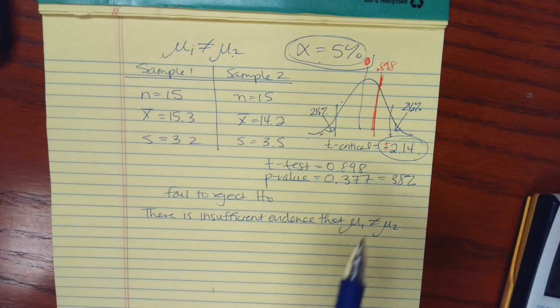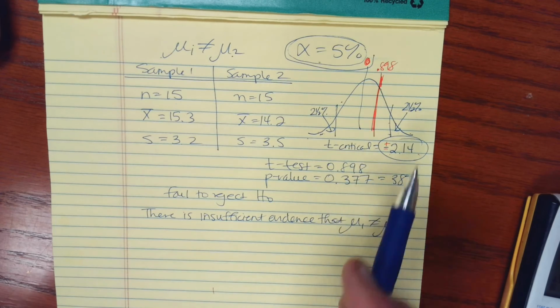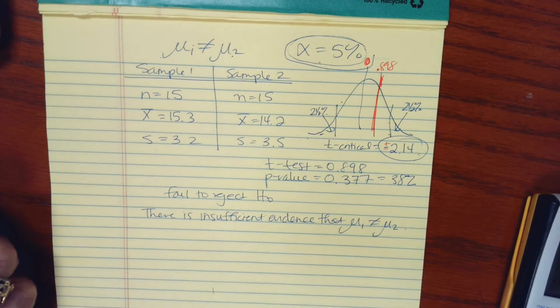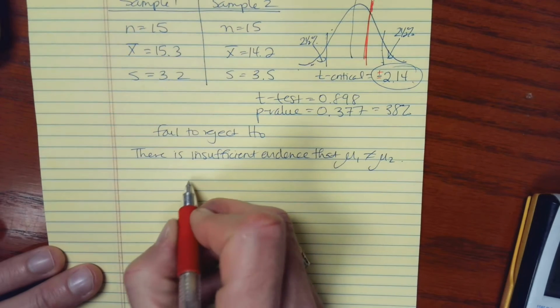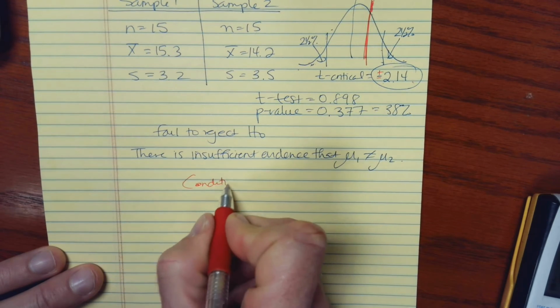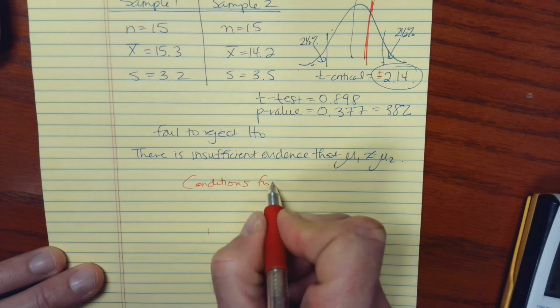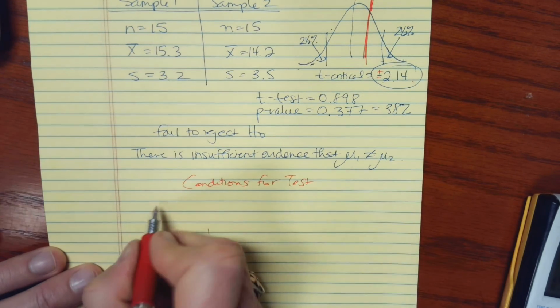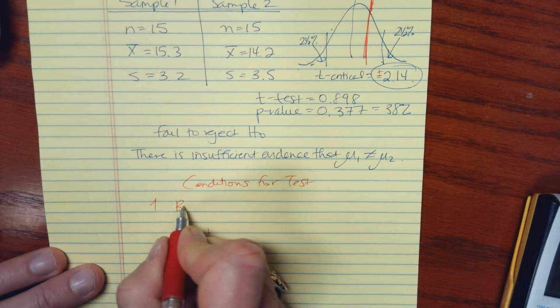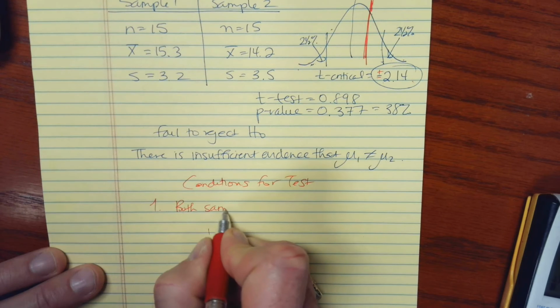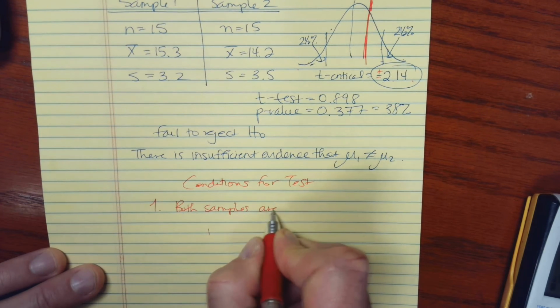Now, I do want to just mention there are some conditions that you could check for conducting this test. Make sure that, I'll just write here, conditions for test. Firstly, you want to make sure that both samples are random.